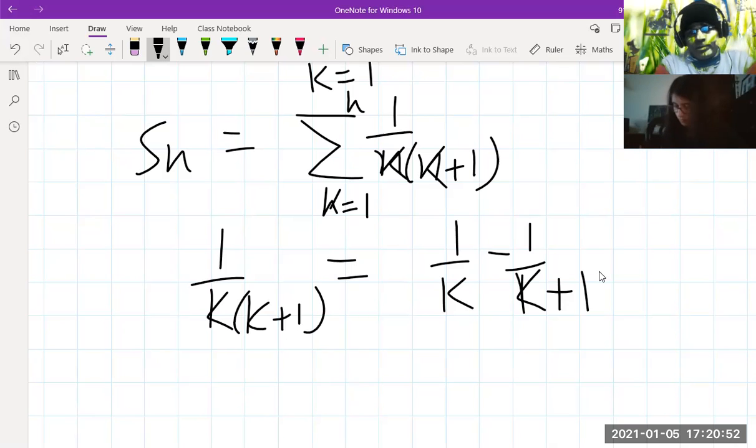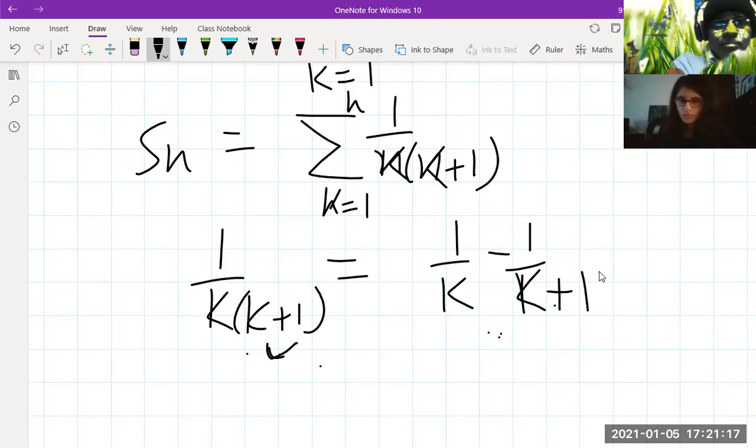If you solve the right hand side, you will find the same thing. LCM is k into k plus 1, and it becomes k plus 1 minus k, that is 1. So basically we separated this such that the expression remains the same.